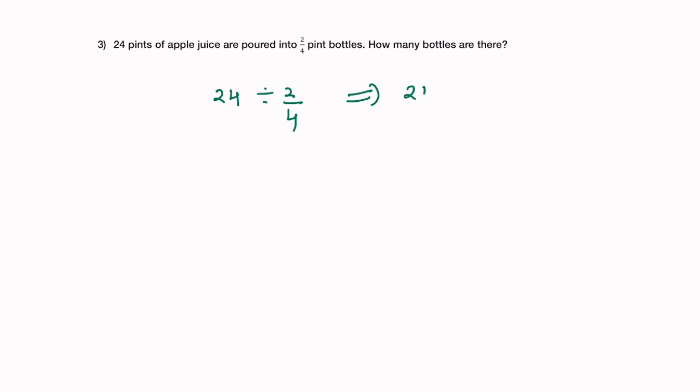We say 24. This division becomes multiplication and the fraction inverses. So that's 4 upon 2. And we know that 2 times 1, 2 times 12, right? So the answer is going to be 12 times 4, which is 48. So we say how many bottles? There are 48 bottles.